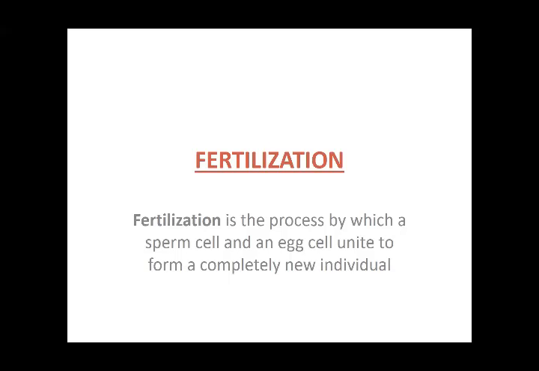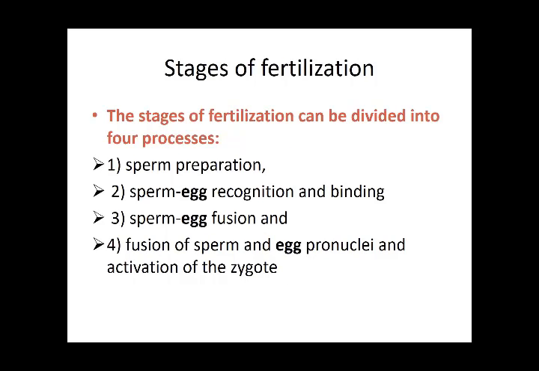Now, what is fertilization? Fertilization is the process by which a sperm cell and an egg cell unite to form a completely new individual. It can be divided into four processes. One is sperm preparation, which is capacitation, and it must occur before fertilization. Then the sperm and the egg recognize each other and come close.